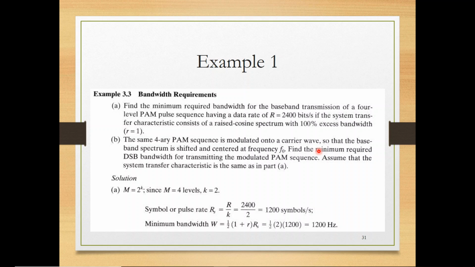If I tell you 100% excess bandwidth, then obviously this means that alpha is equal to 1.